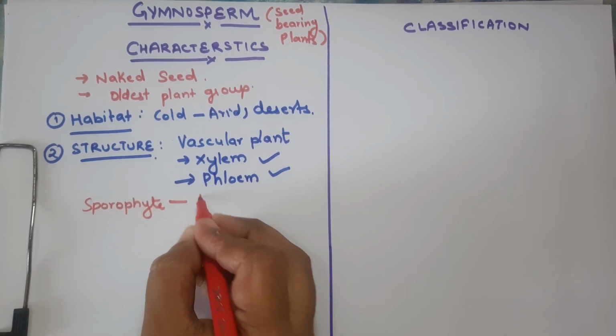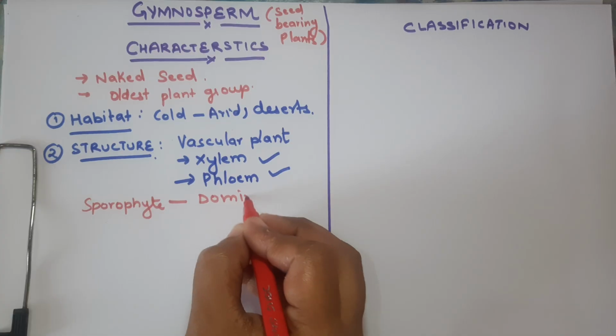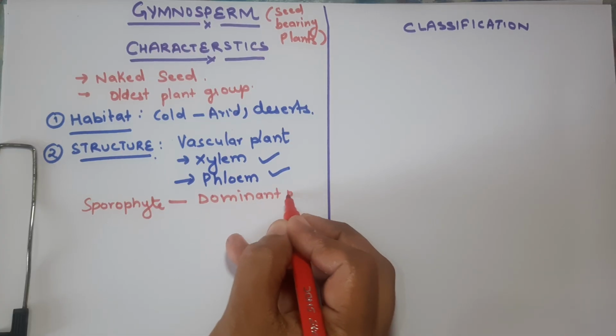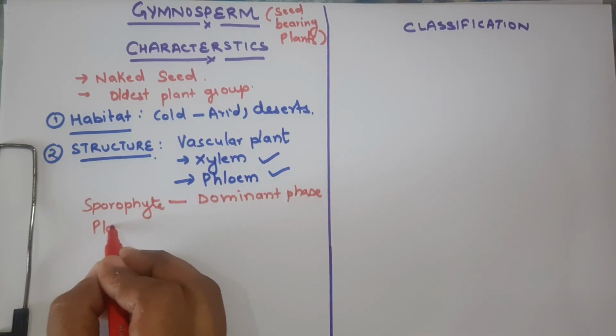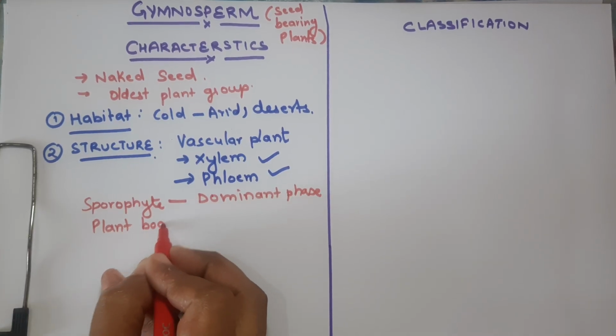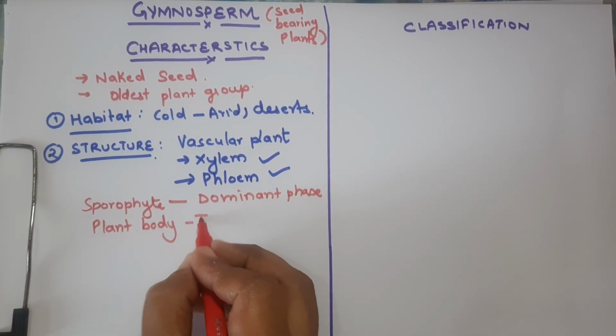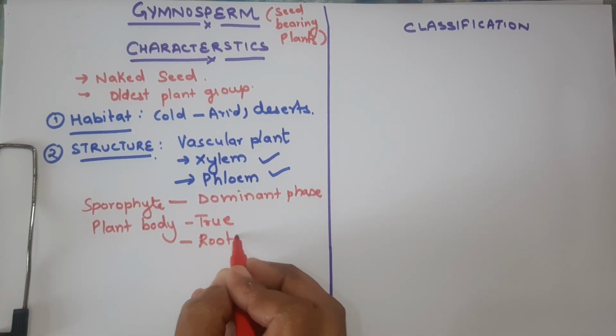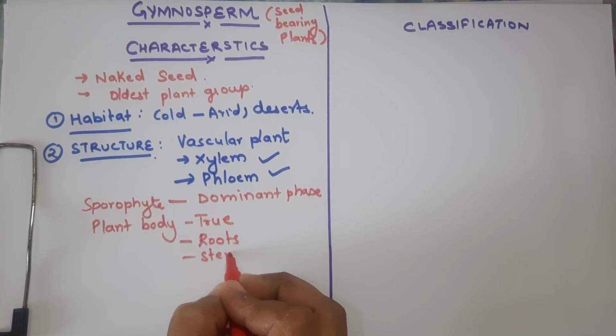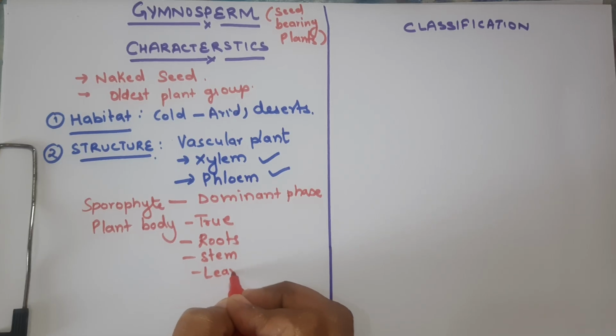The plant body has true roots, stems and leaves.